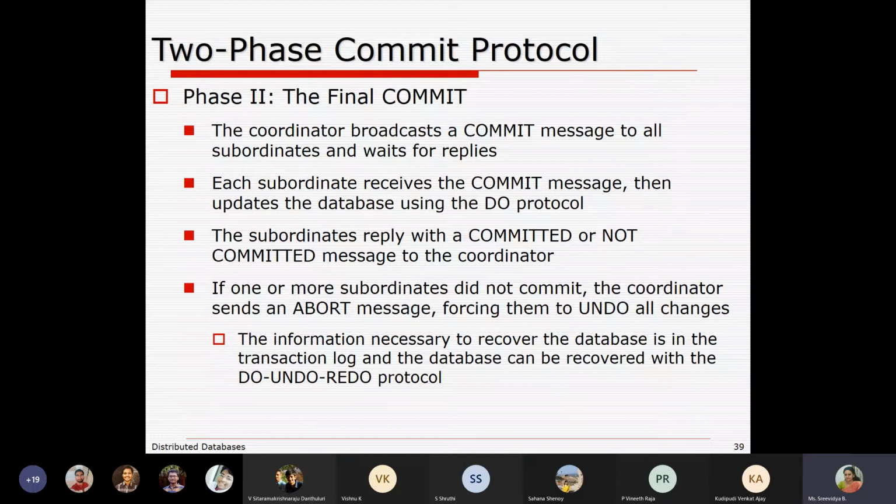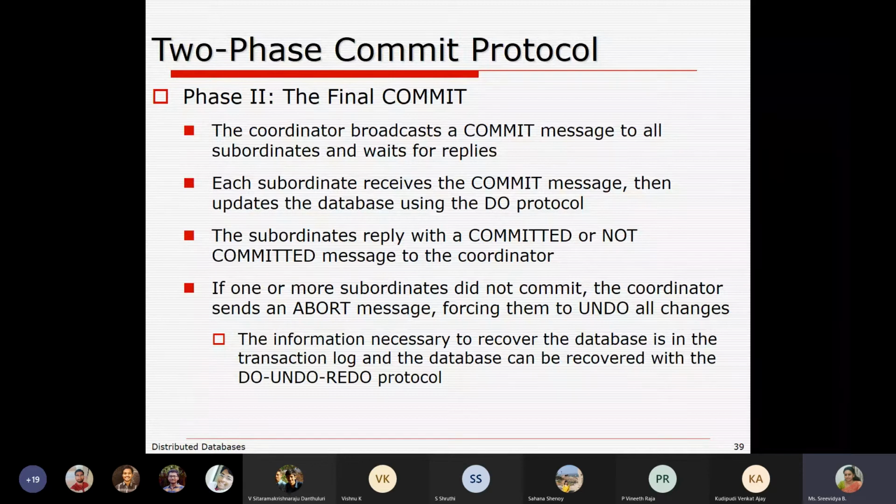Already the subordinates have updated their log based on the write ahead protocol. They will now perform the commit operation. It is a 2-step guaranteeing mechanism, where in the second step, when all of them receive this commit message, they update the database using the do protocol.